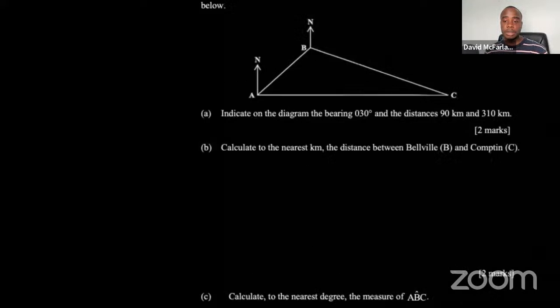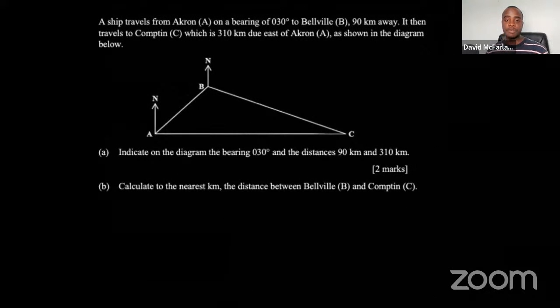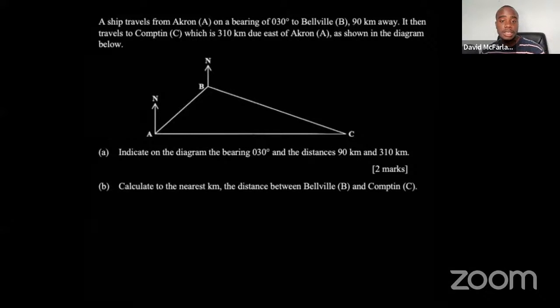Now, in this first problem, it says a ship travels from Akron A on a bearing of 030, or 30 degrees, to Belleville B, which is 90 kilometers away. It then travels to Compton C, which is 310 kilometers due east of Akron A, as shown in the diagram below. First, we want to indicate on the diagram the bearing of 30 degrees and the distances of 90 kilometers and 310 kilometers.